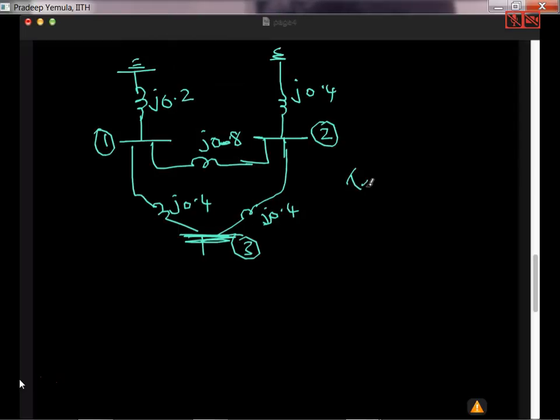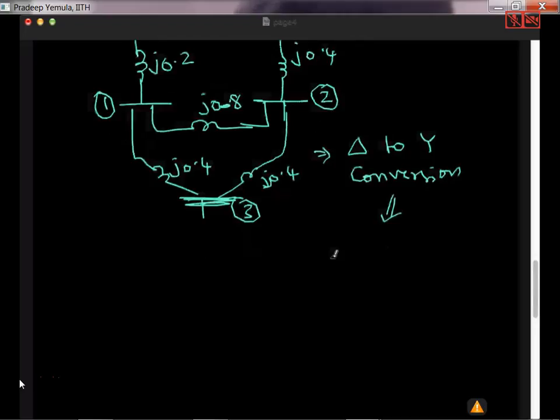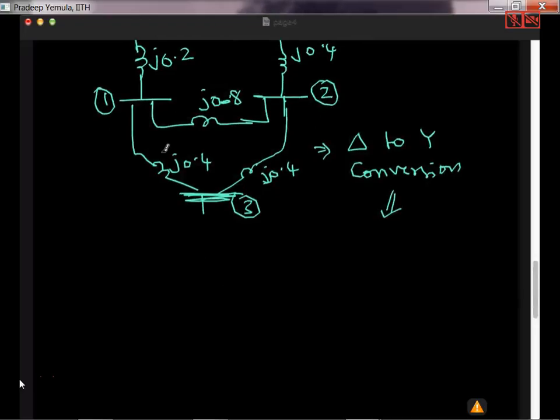So, delta to star conversion. How to do the delta to star conversion? This is J0.2. This is J0.4.